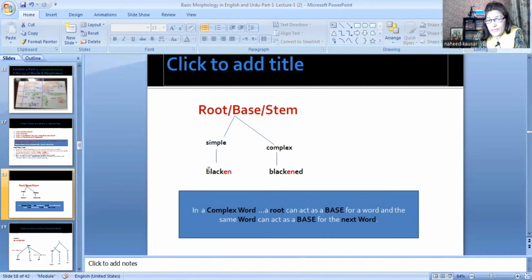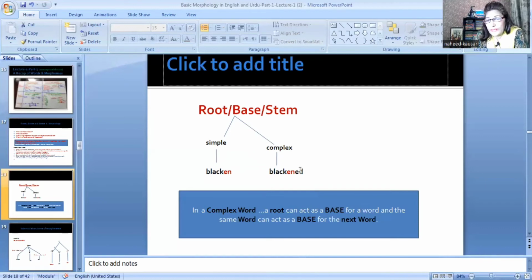Furthermore, this blacken will be considered as a complex word, and to this complex word, another inflectional morpheme ed is attached to make another word, blackened.